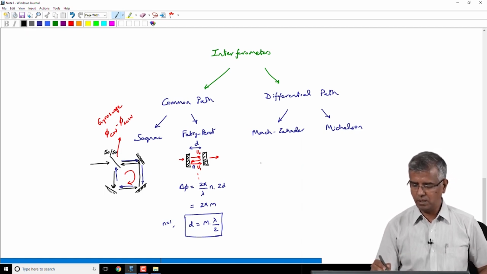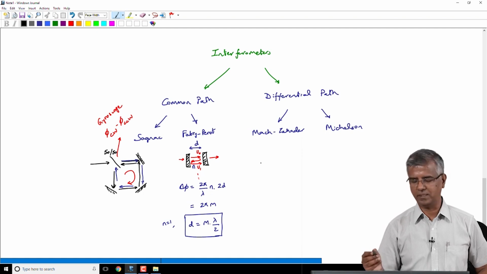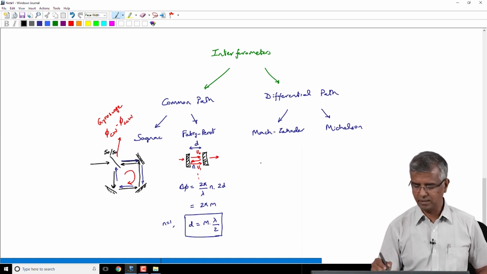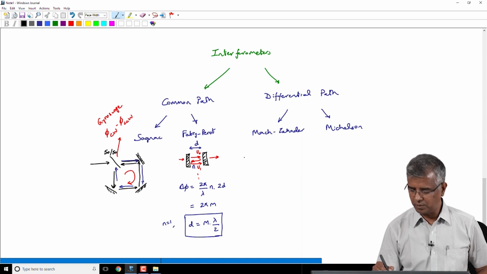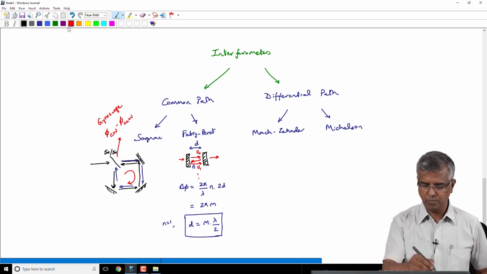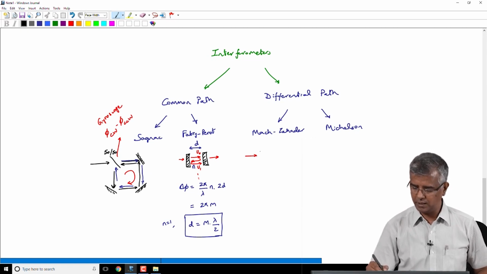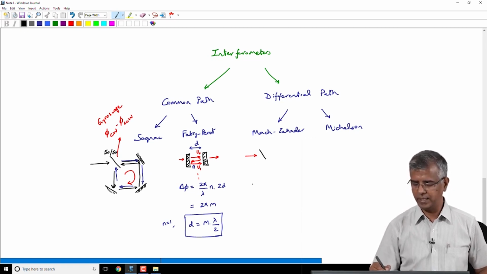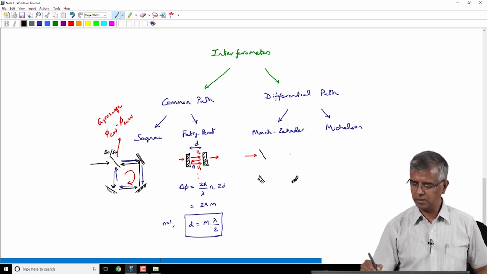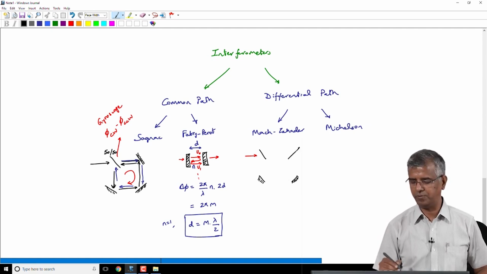So, let us now jump to the differential path interferometer and see how things work here. So, in a differential path interferometer, you have this incoming beam, which I will denote in red, and what it encounters is once again a 50-50 splitter, and this 50% goes through a path consisting of two mirrors, and then it comes to another 50-50 splitter.